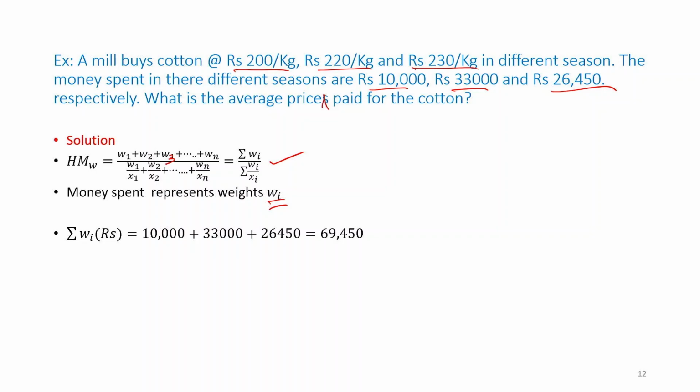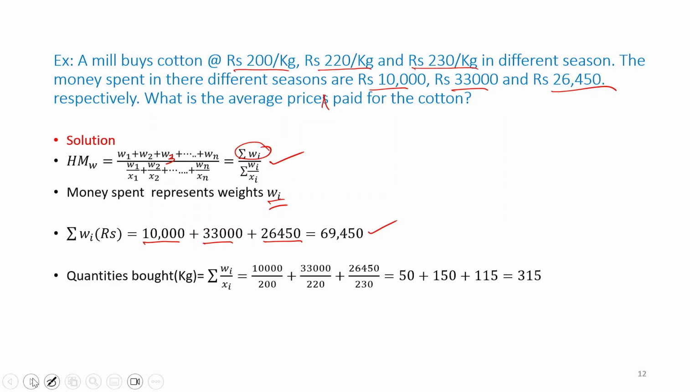So we'll find out the sum of wi: 10,000, 33,000, 26,450. That means total money spent was 69,450 rupees. Then comes the quantities bought. How much quantity was bought?